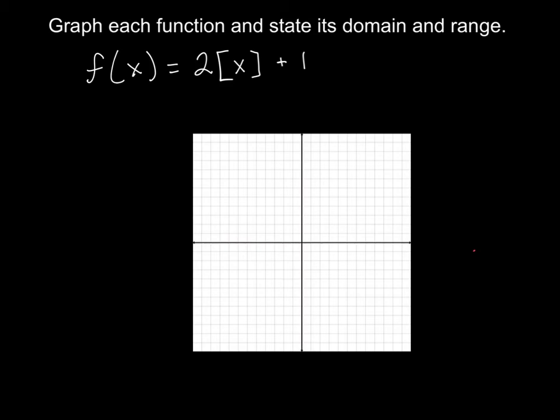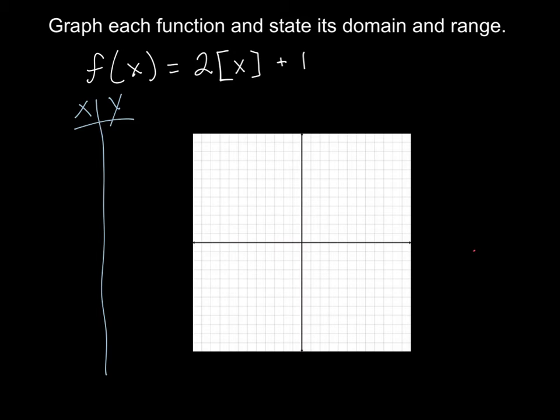Now this last graph is another type of piecewise function, but it's also what we call the greatest integer function. What we're going to do is pick several values for our XY table. You want to pick some integers and fractions so that you can see what's doing here.